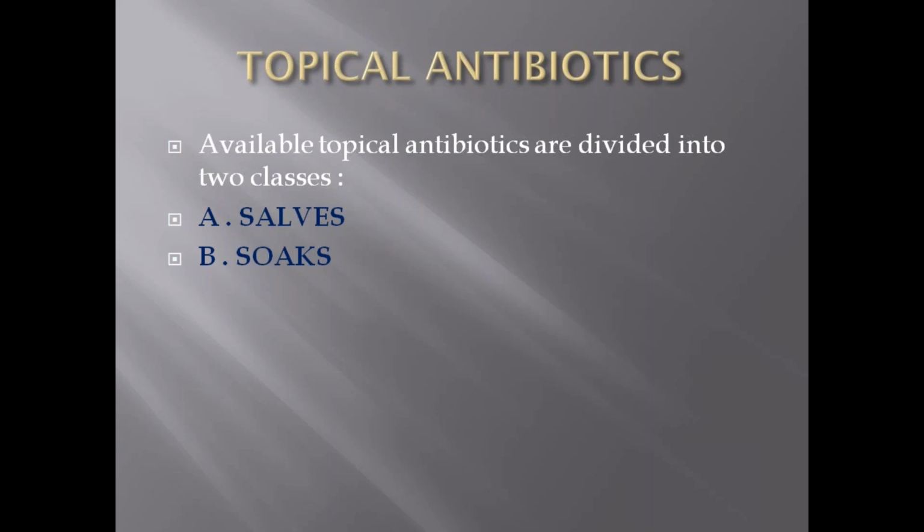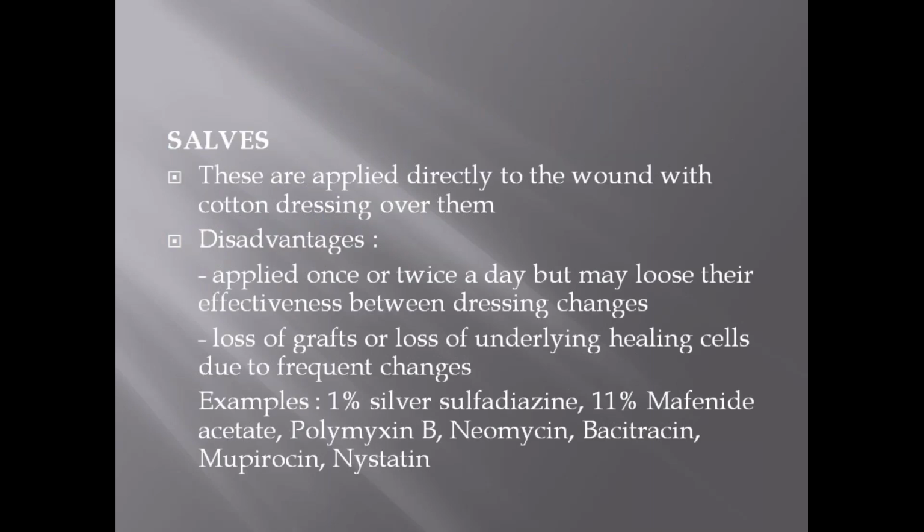Coming to topical antibiotics, available topical antibiotics are divided into salves and soaps. So what are these salves? These salves are directly applied to the wound with cotton dressing over them. For both salves and soaps, there is an advantage and a disadvantage.